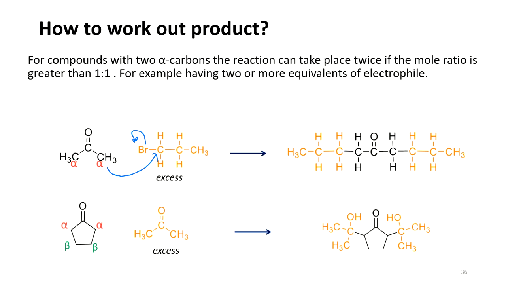Similarly, we have 2 alpha carbons here, which means that we can generate 2 carbanions, or negative positions on both carbons. And so in excess of your ketone, the reaction can occur twice.